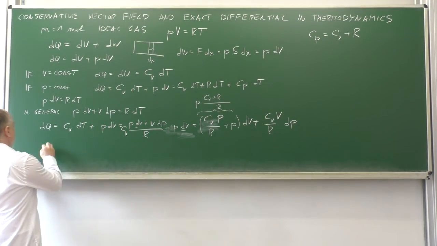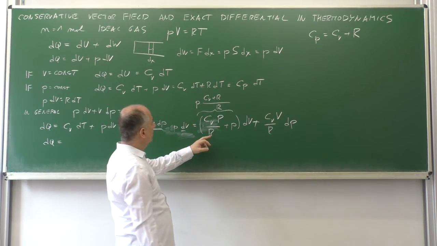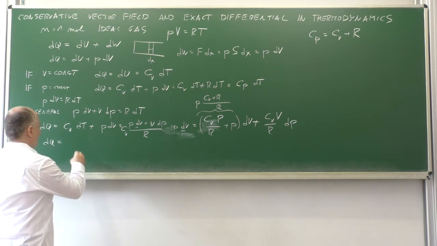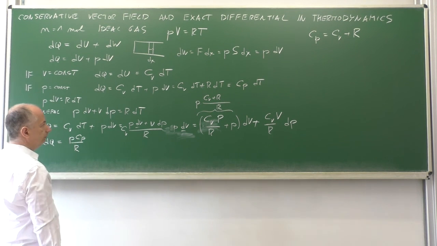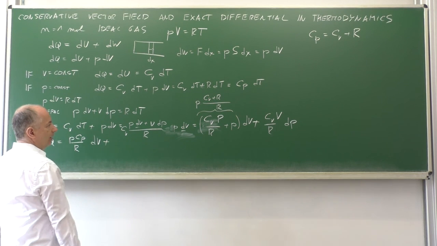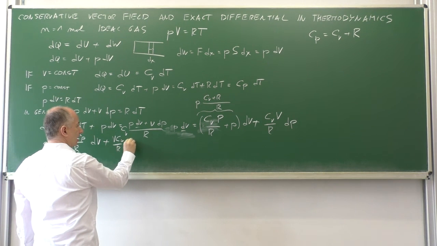So we see that dQ is P Cp divided by R dV plus V Cv divided by R dP.